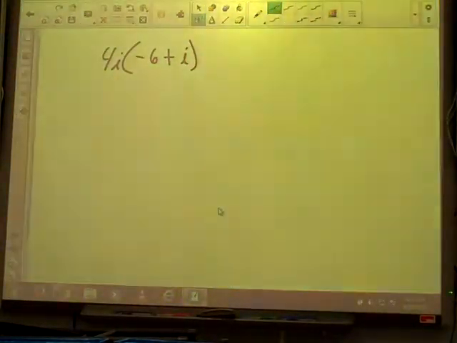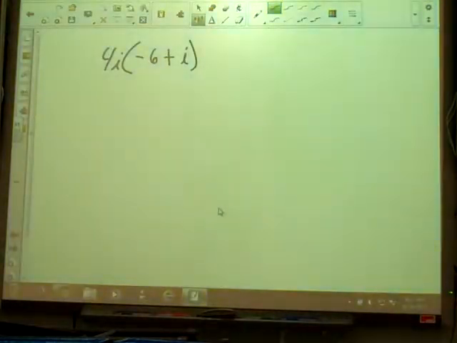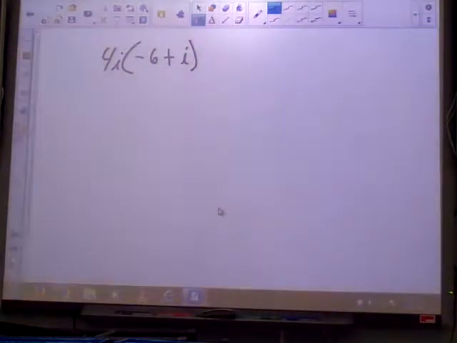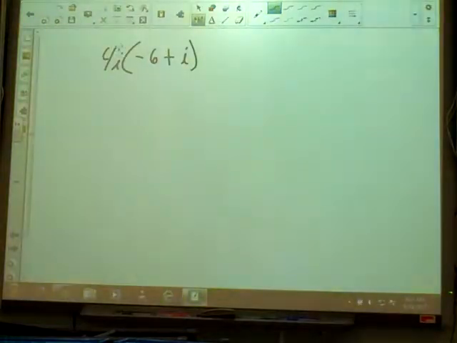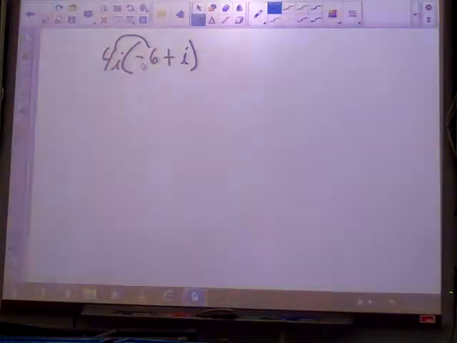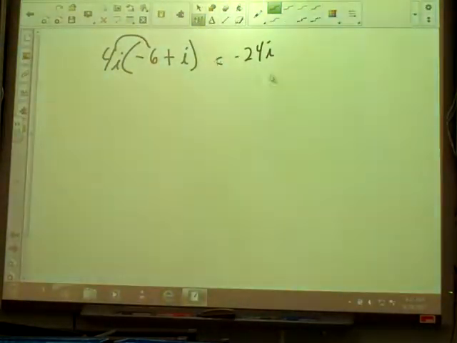When we did these problems without an i involved, if there had just been a 4 stuck outside that parentheses, what would you do with it? Distribute it. So we're going to do the same thing. I'm going to have 4i times negative 6 gets us negative 24i.